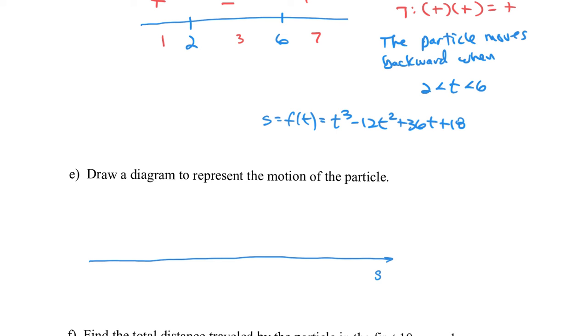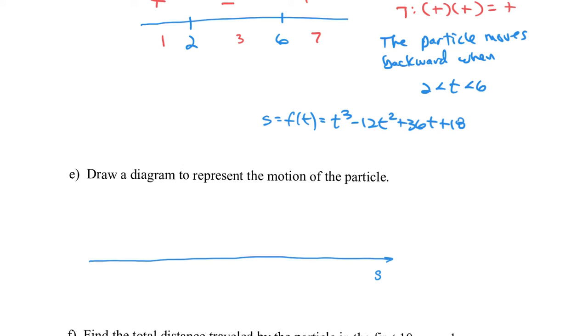So we could figure out where we are initially when time is 0. So where on this number line are we initially? Where is our position when time is 0? So if I plug in a 0 for t, in this function of time, I'm going to get 18.